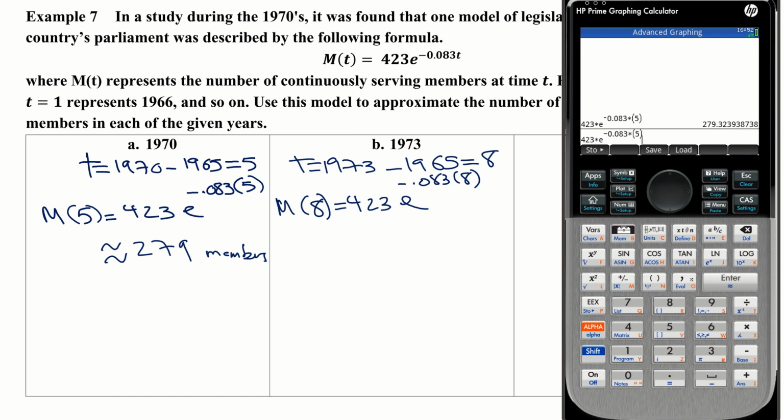So double click that, and now we're just going to change that 5 to 8. We get approximately 218 members.